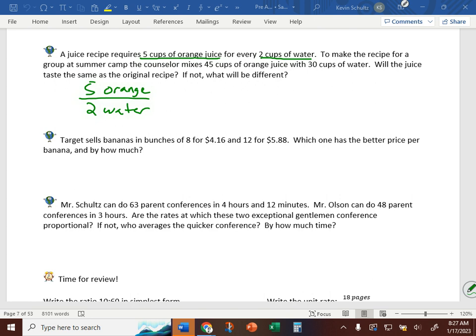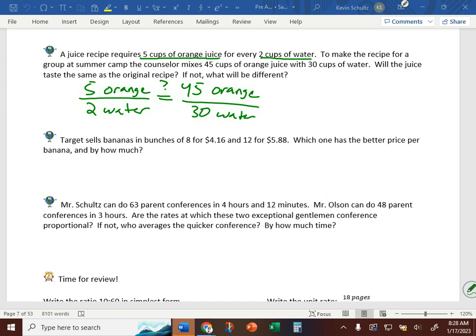To make the recipe for a group at summer camp, the counselor is going to need more than just 5 cups of orange juice and 2 cups of water, right? So he mixes 45 cups of orange juice with 30 cups of water. Okay? The big question, will the juice taste the same?